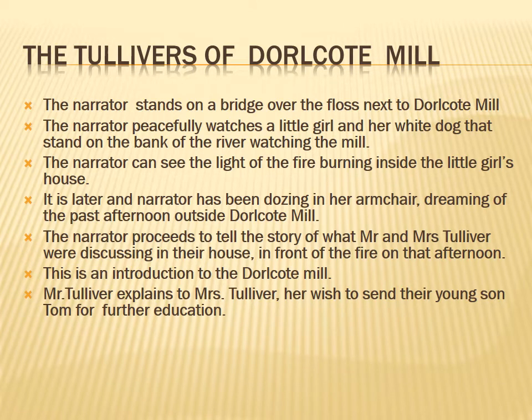Now I am in Book 1, Chapter 1, The Tullivers of Dorlcote Mill. The first chapter is an introduction to Dorlcote Mill. The narrator stands on the bridge and looks at Dorlcote Mill, which is situated on the river Floss, and the small river ripples near the village of St. Oggs.